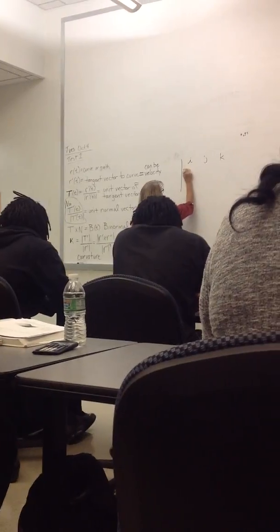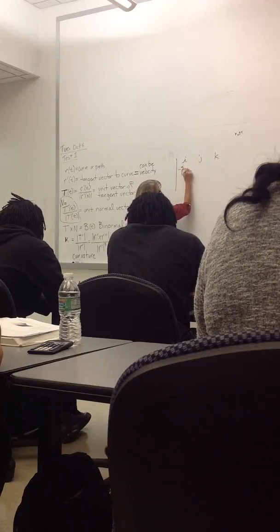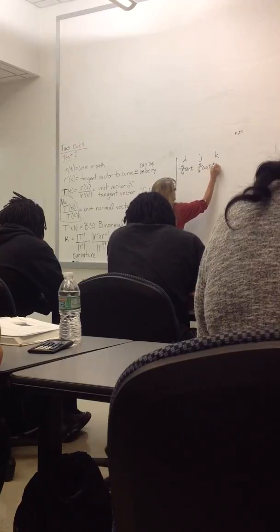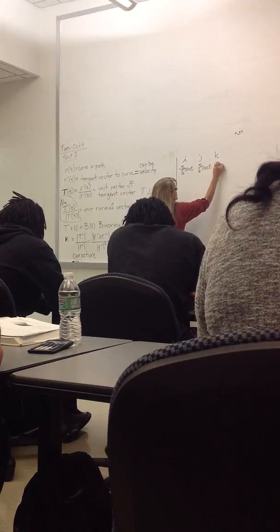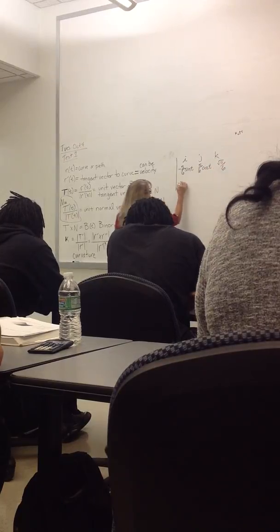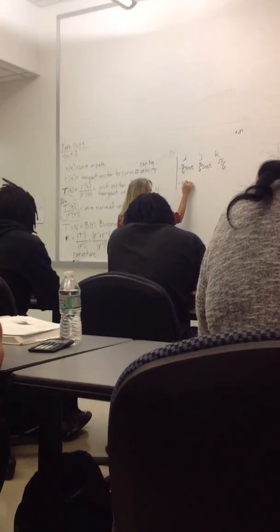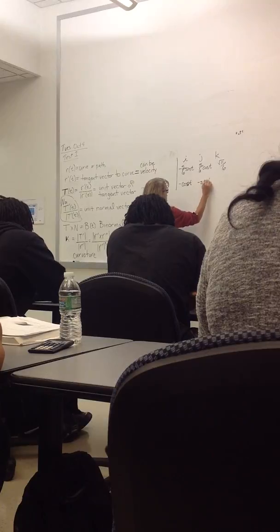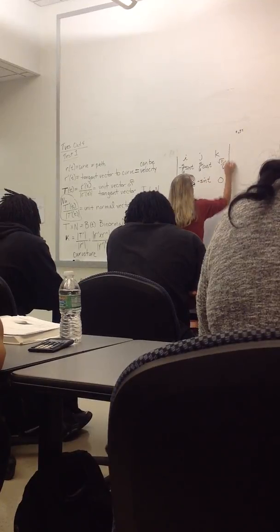So my T was negative 5/6 sine, 5/6 cosine, square root of 11 over 6, and my N was negative cosine, negative sine, 0.